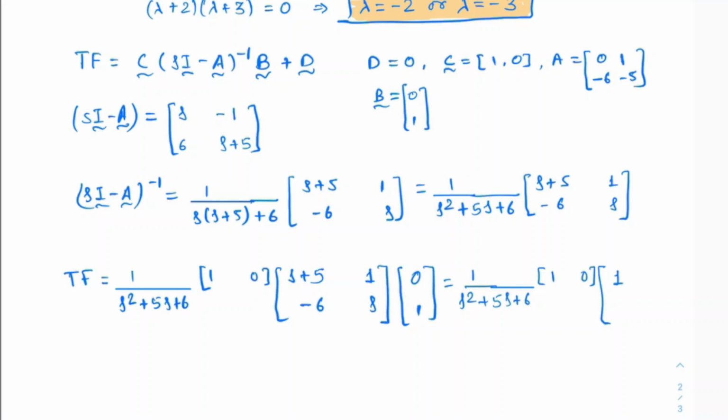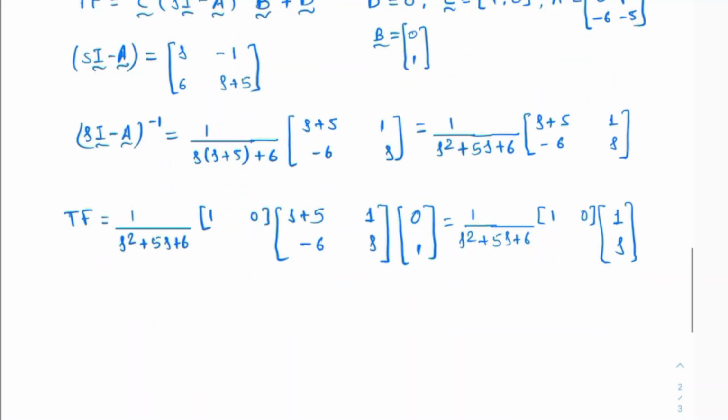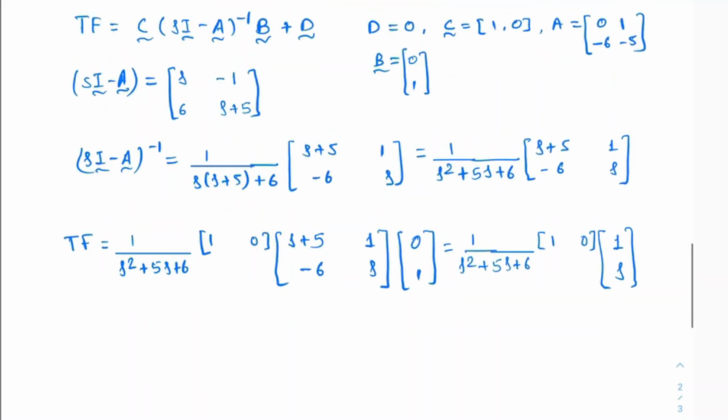Then minus 6 into 0 plus s into 1 would be s. After multiplying with C, we get 1 into 1, that is 1, plus 0 into s. So overall this will be 1.